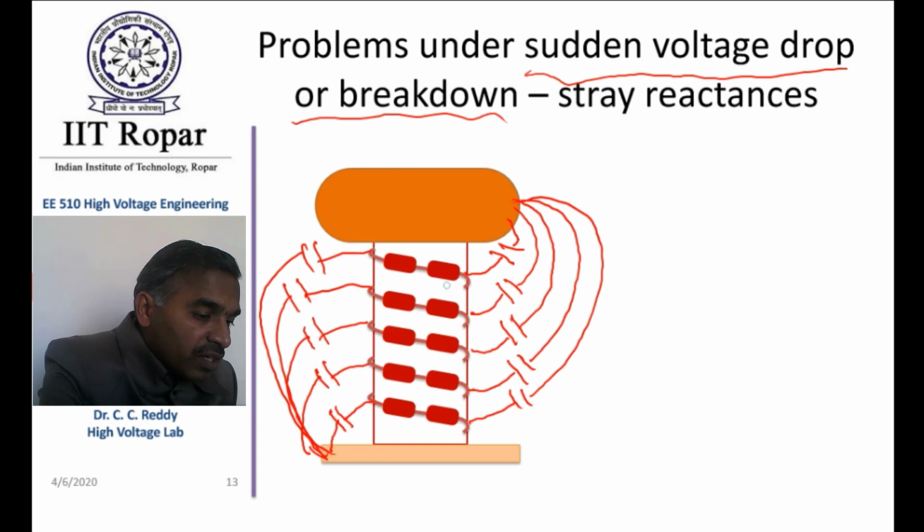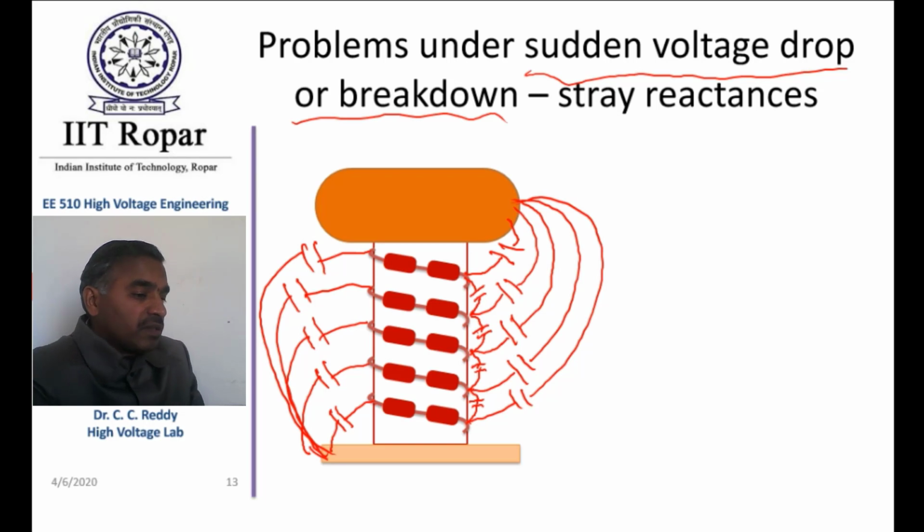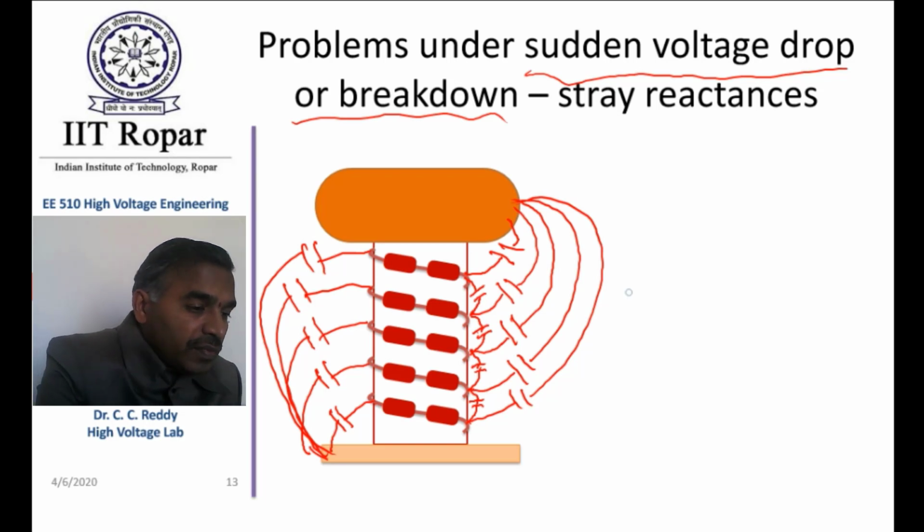And apart from these, between these two rows, which are helical structures, these parallel capacitances may also exist. So with this stray capacitance system, under sudden voltage drop, the voltage distribution does not follow resistances, but it follows capacitances.